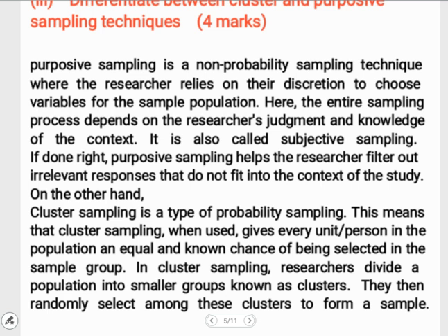So we call this technique of sampling cluster sampling.